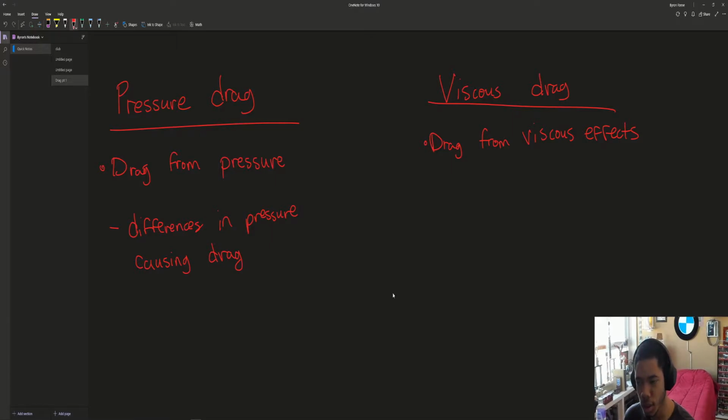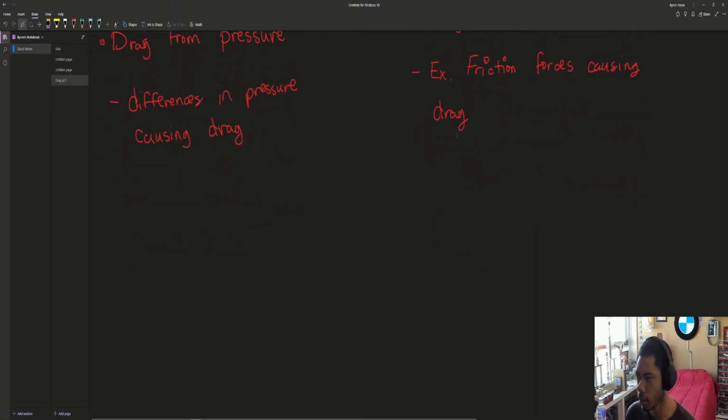Then from viscous, we're talking about viscous effects, friction forces, for example, causing drag. Alright, so with that, we'll get into our very first kind of drag. Skin friction.